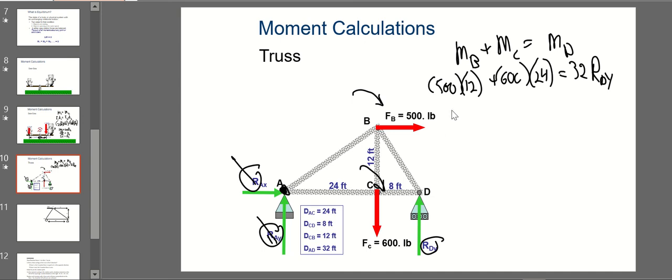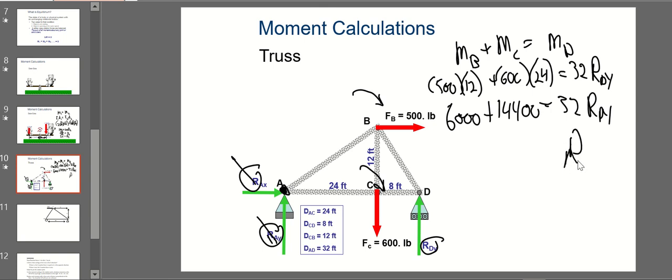So when I multiply that out, I get 6,000 plus 14,400 equals 32 RDY. And when I solve that, I get RDY equals 637.5, and that would be pounds.